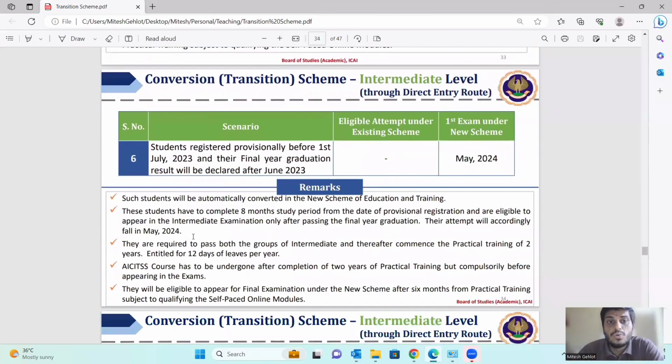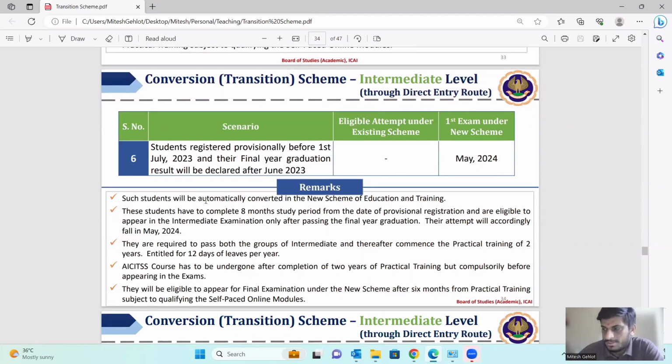The next one is students who are registered provisionally before 1st July and whose final graduation result will be declared after June 23. So anyone who has registered before July 23, the provisional registration, in the sense whose registration is not confirmed because they are awaiting the results. Now, as the results will be declared only after June, the same thing, they will only be eligible for May 24 under the new scheme. No existing scheme, everything in the new scheme.